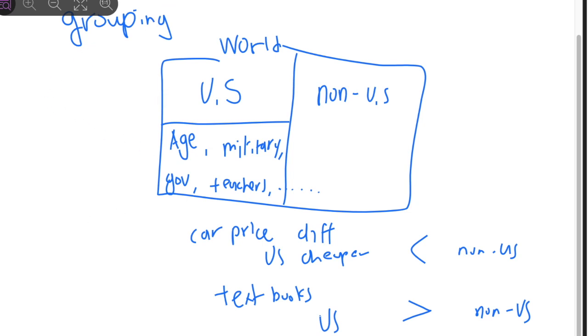So let's look at them one by one. Let's look at the age difference. What do we see with age differences? How can we segment by age? When we go to a theme park or anywhere, we see for seniors it's, let's say, $5, and for any adults it's $15.